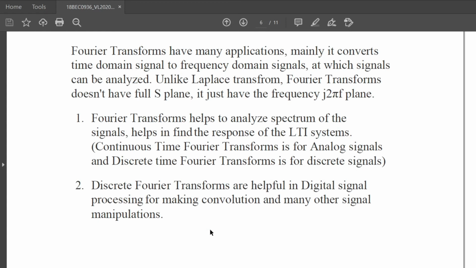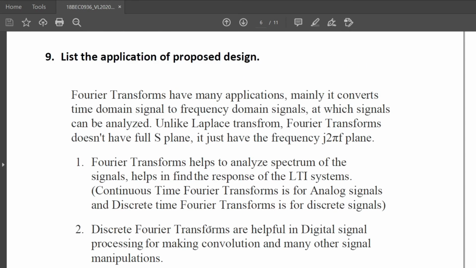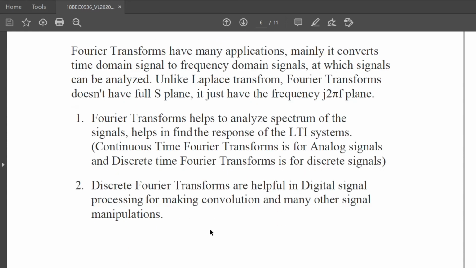They find more use in DSPs for convolution and in filters. FFTs and FTs, that is Fourier transforms, are more useful. The Fourier transform doesn't have a full S plane. It just has the frequency j2πf plane. Instead of the S plane, they have the j2πf plane.